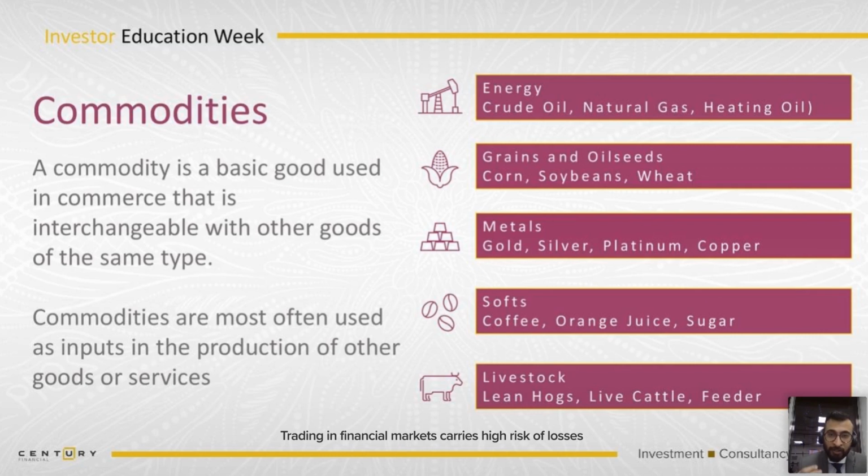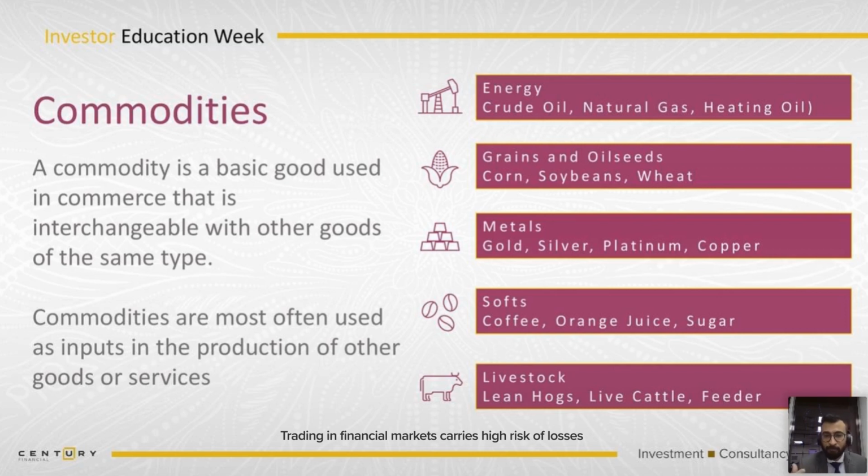So, grains, soybean, wheat. The agriculture commodities can be divided into hard commodities and soft commodities. What I'm showing you right now is the hard commodities like wheat, soybean and corn. Then there are soft commodities: second last, there is coffee, sugar, orange juice, cocoa, etc.